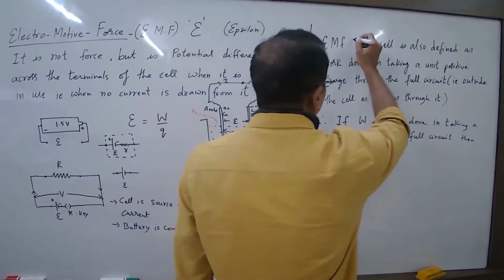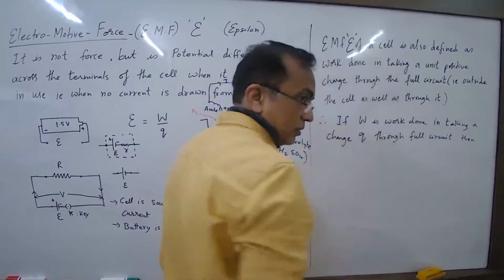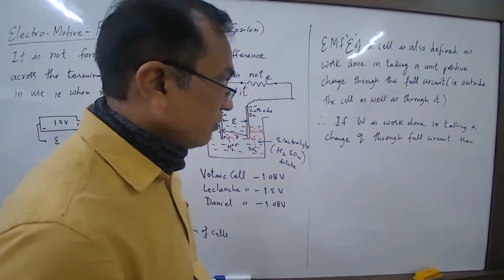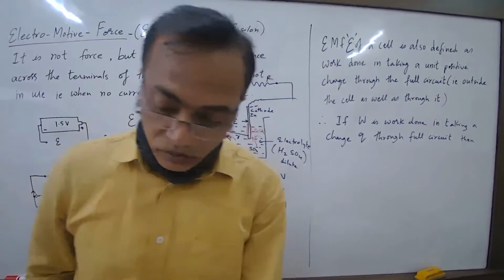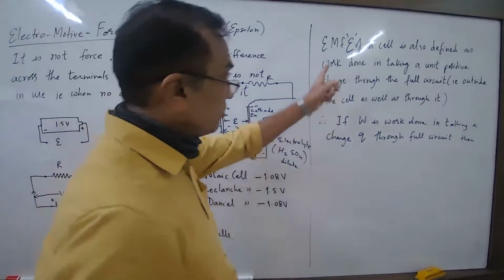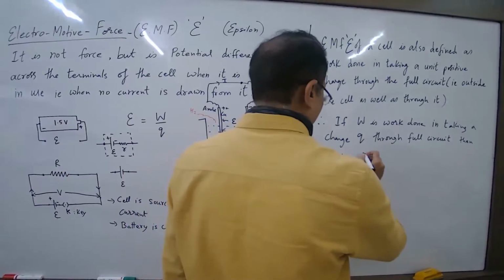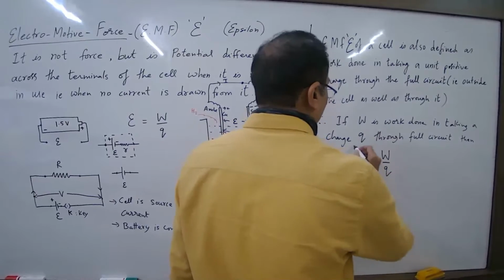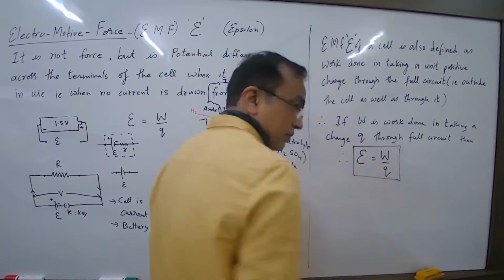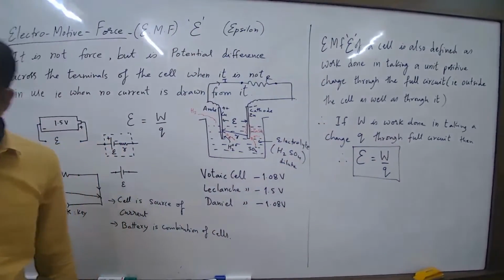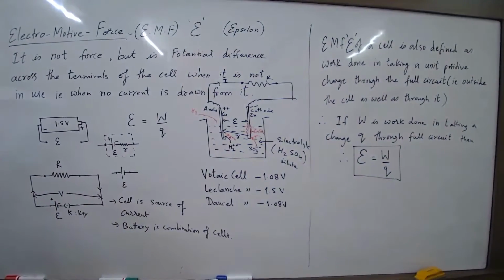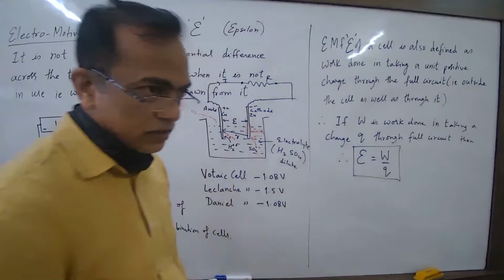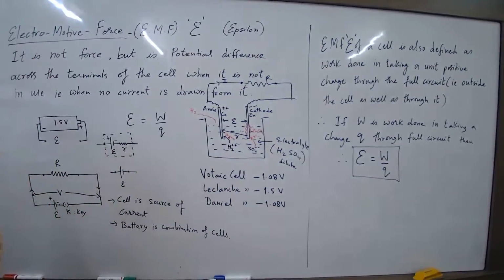So the EMF E, epsilon, you write E. The EMF of a cell is also defined like this. If W is the work done in taking a charge Q, then what is the EMF? By the unitary method, it is work done per unit charge. Is the charge capital Q or small q? Either is okay, Q is charge, but you should be consistent.